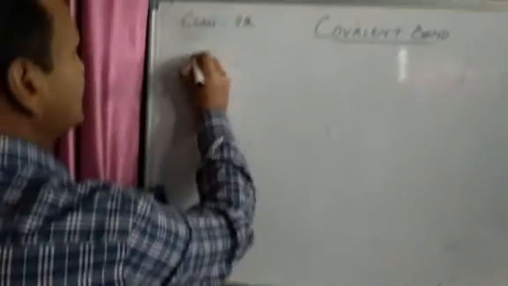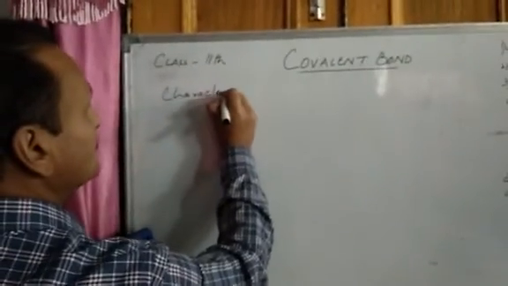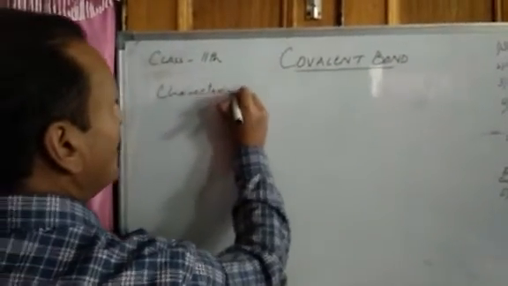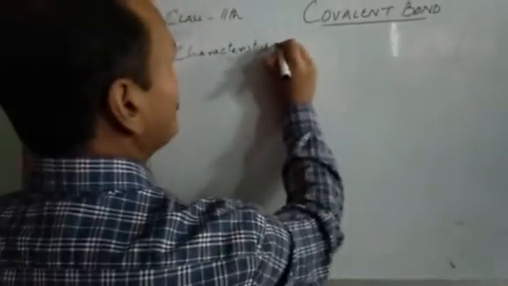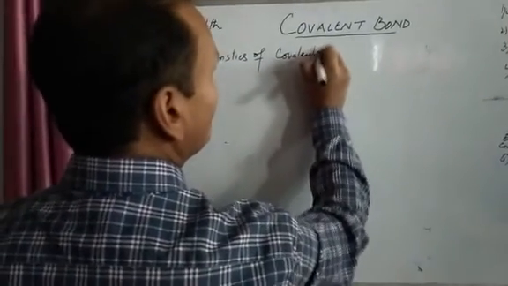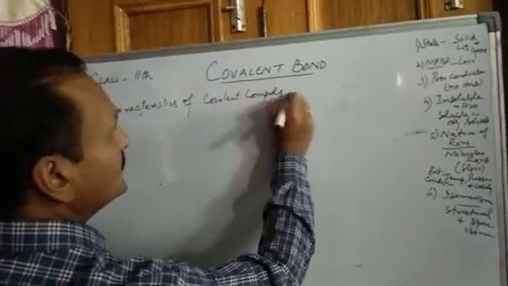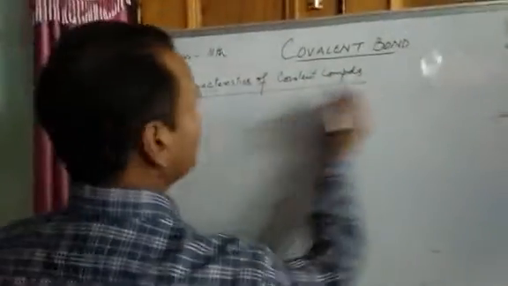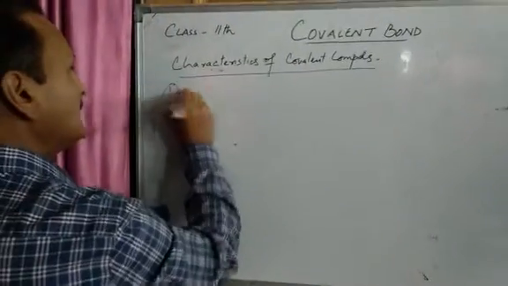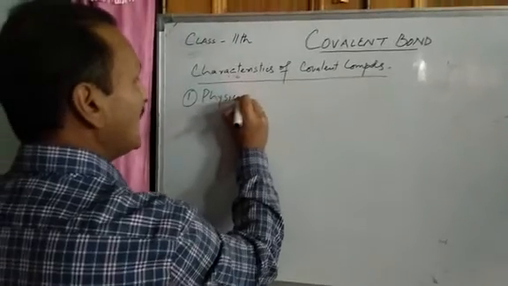Now let us come to some characteristics of covalent compounds. First characteristic is physical state, that is in which physical state they occur.